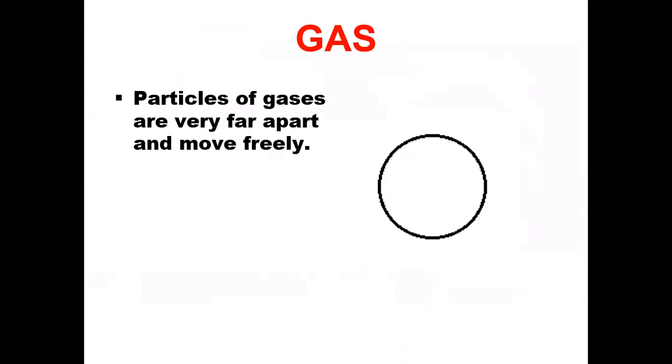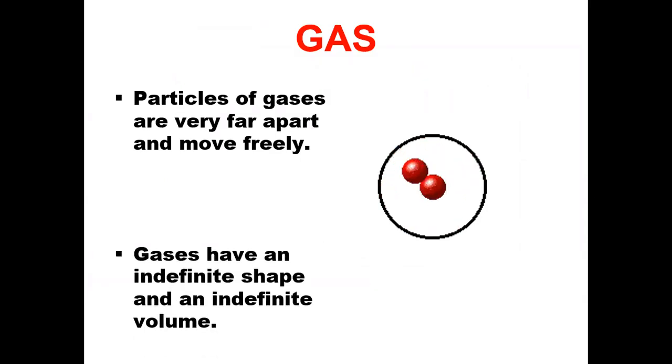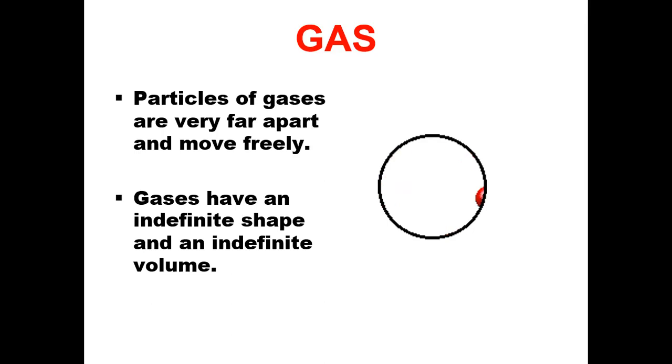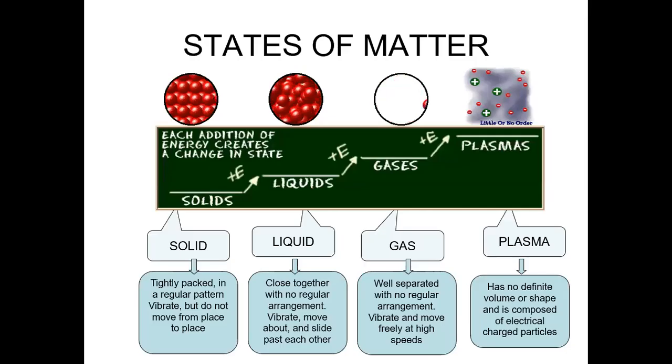They move freely. When we heat gases, we can have a state which is plasma, but it is not about our study this year. So we have three states of matter, which are solids, liquids, and gases.